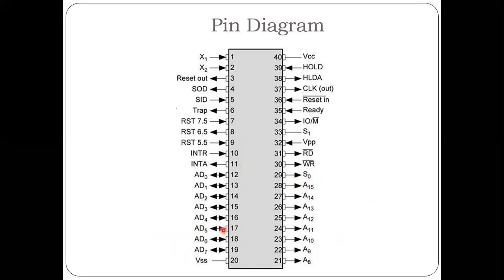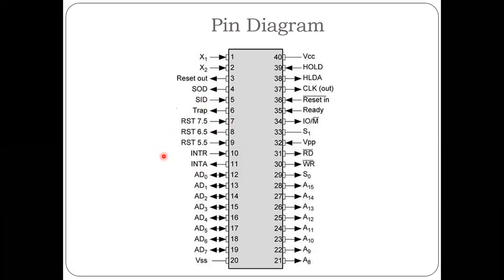If you want to demultiplex the AD lines, we need to enable the address latch enable pin. The power supply pins are VCC and VSS, where VCC is plus 5 volt DC. Then interrupts: interrupt is one of the best processes for accessing external devices.